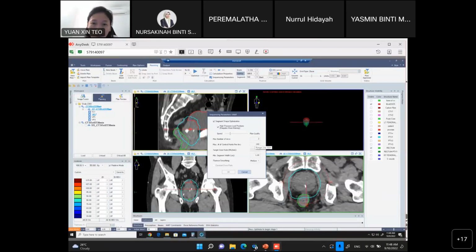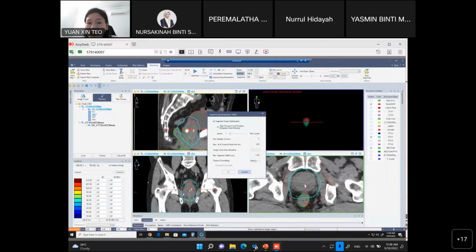But of course, if you put 1024, the maximum number, the plan also wouldn't give you 1024 control points. It will stop automatically when all the target and the OAR achieve the tolerance or achieve the DVH where you set. It doesn't mean that if you put in 500, they will give you 500.